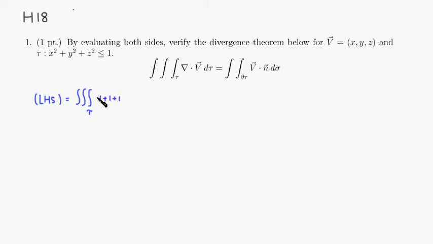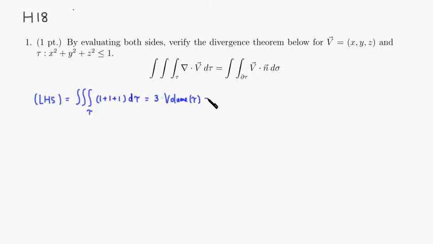So that's 3 d tau. This is just 3 times the volume of tau, which is the ball with radius 1.